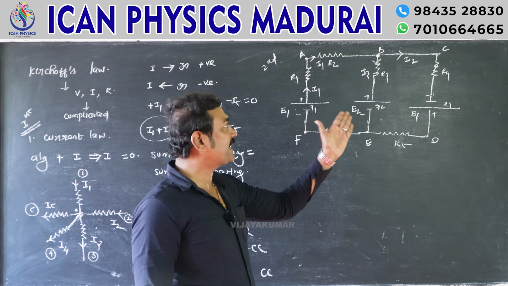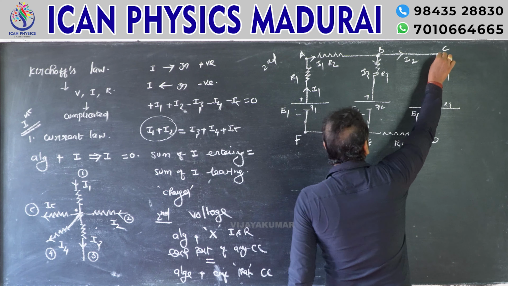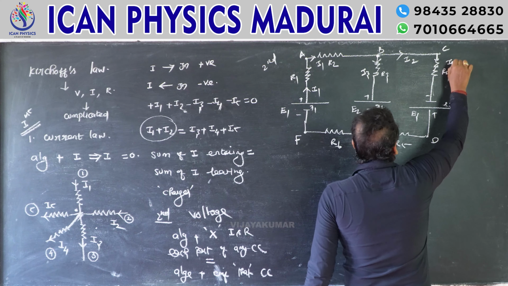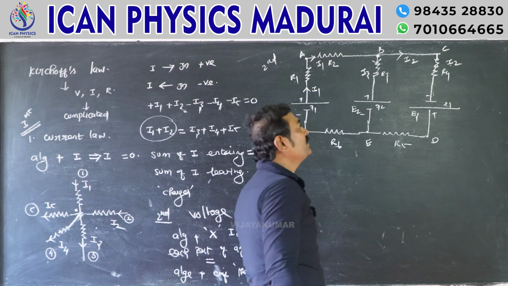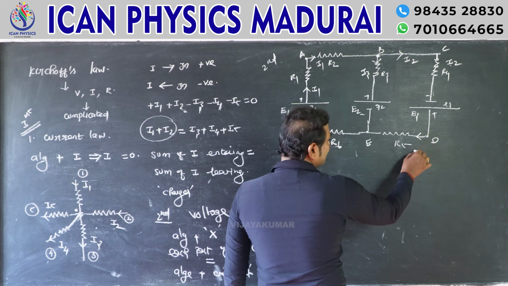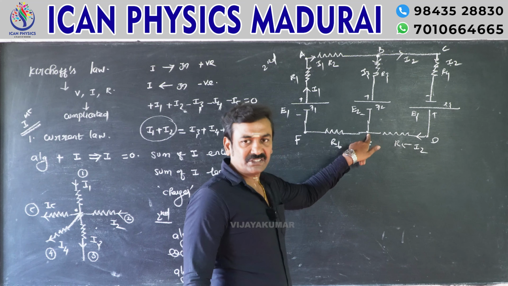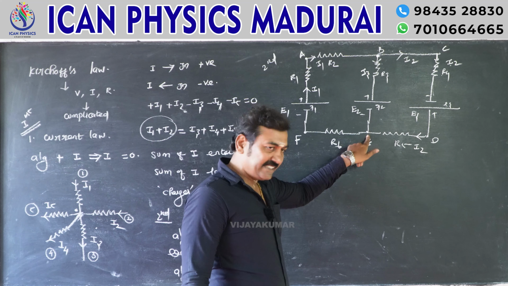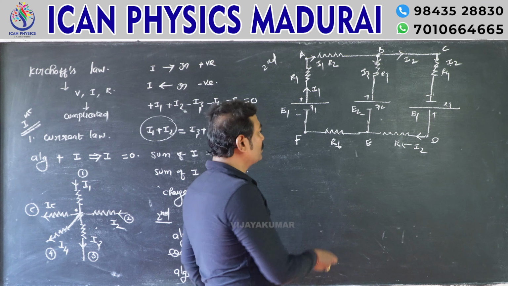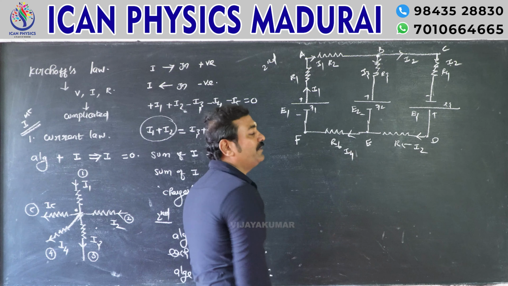I2 comes to the junction C and just turns. The same I2 flows through R4 and comes to the junction D. At the junction E, it splits into two. I have already named one I3, so here it is I4.